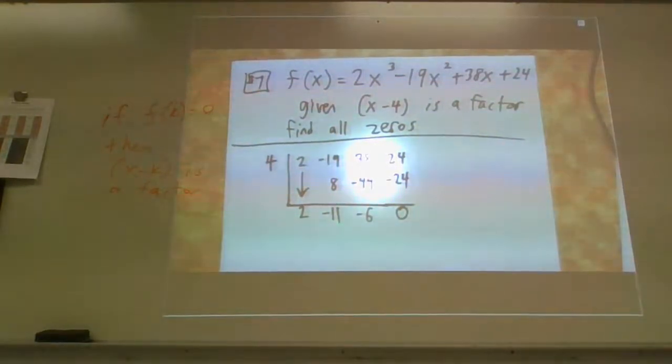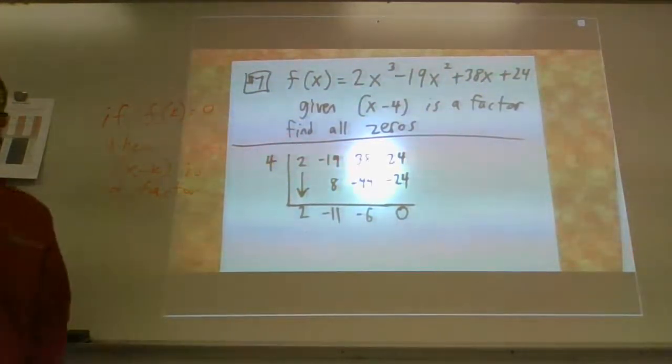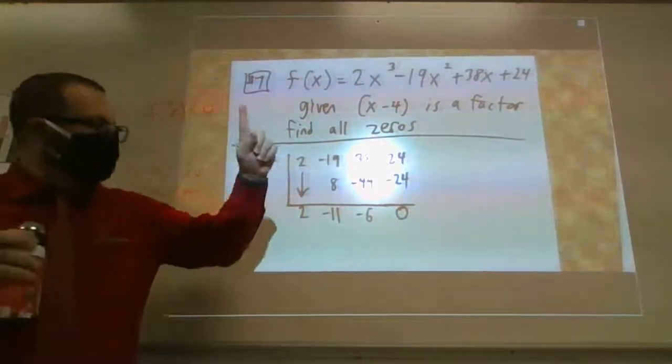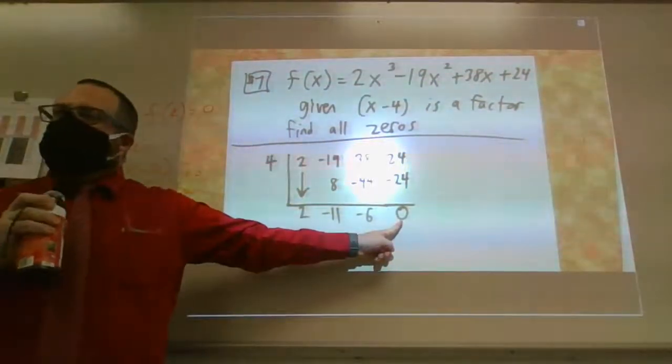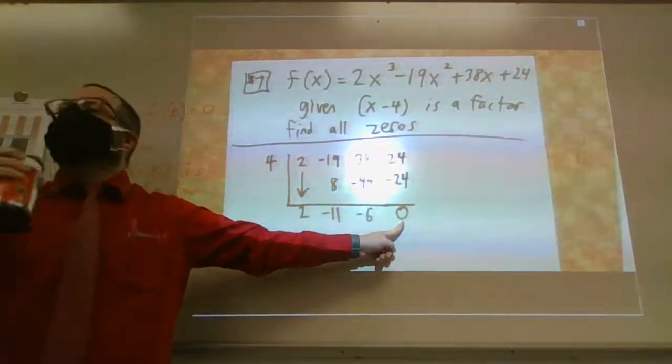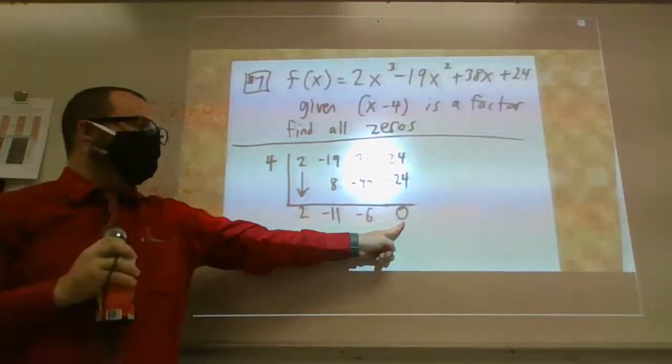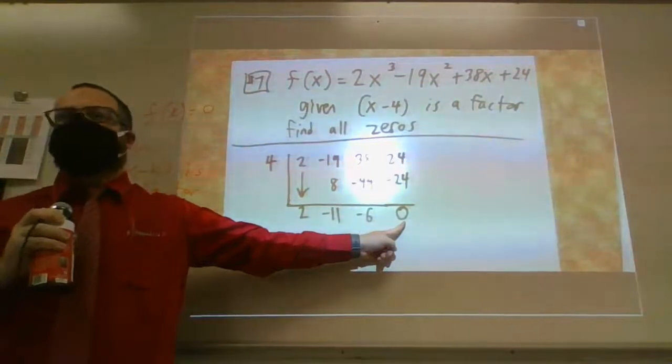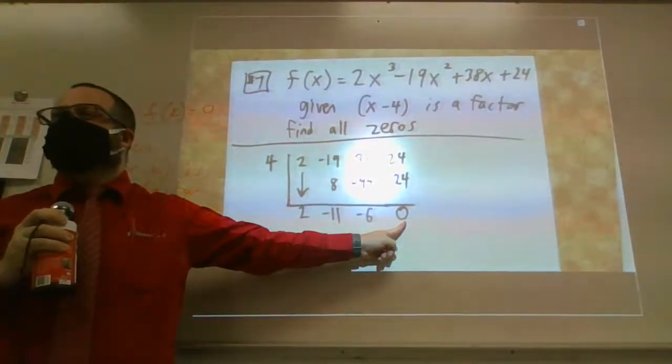And again, I said this on Monday, I said this last week, and I want to remind you of this right now. If you don't get a 0 here, one of two things could have happened. What are those two things?